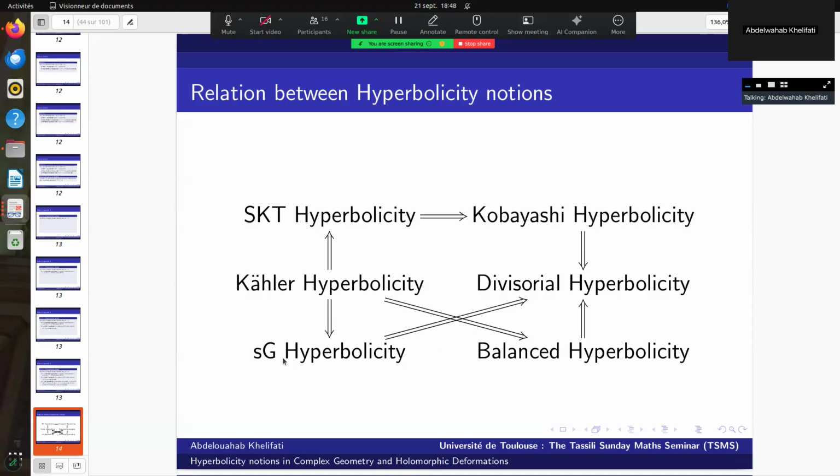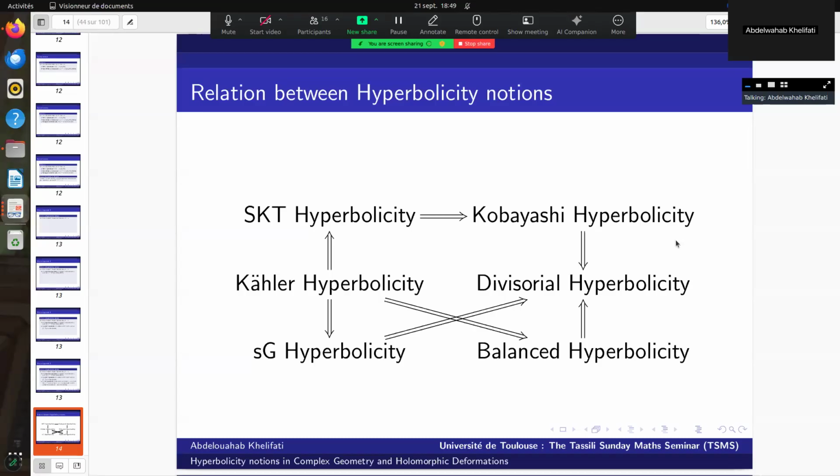And these two, the strongly Gauduchon hyperbolic and the balanced hyperbolic properties, actually imply the divisorial hyperbolic case, in degree n minus 1. This is why I defined it like that, taking holomorphic maps from C^(n minus 1), because we have examples through these balanced hyperbolic manifolds. And okay.